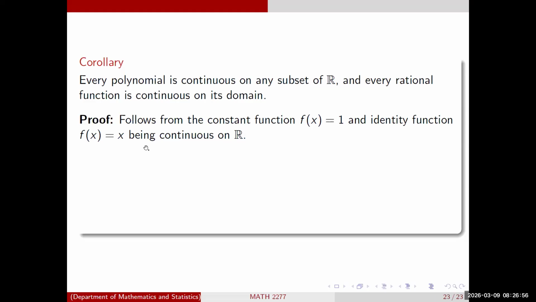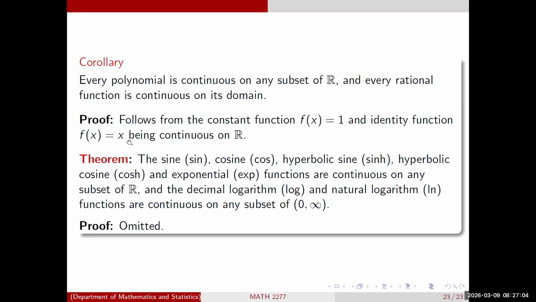If 1 is continuous and x is continuous on all of the real numbers, then any sort of combination like that is also continuous. And in a slightly similar way, you could also show that the sine, cosine, hyperbolic sine, hyperbolic cosine, and the exponential function are continuous.